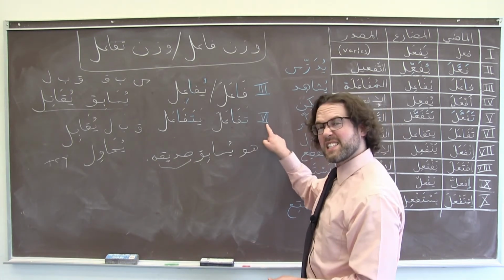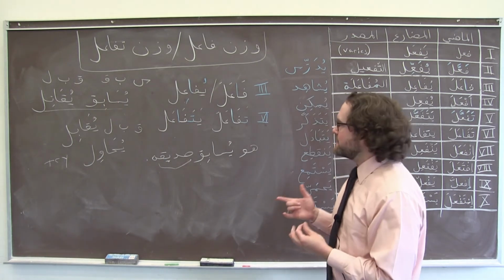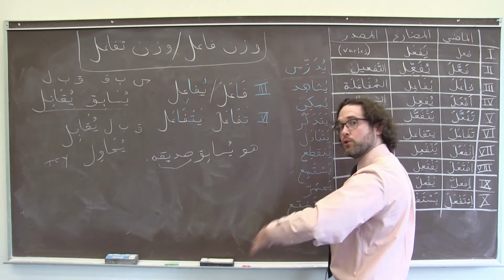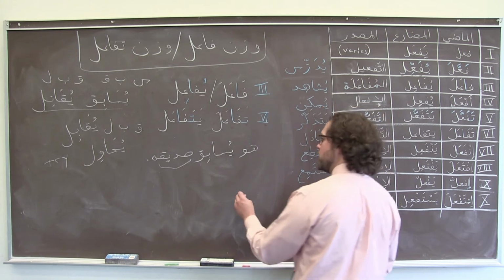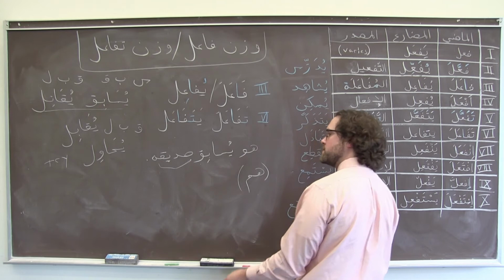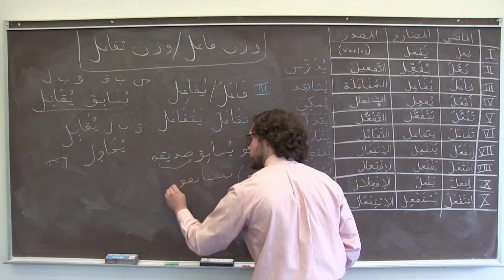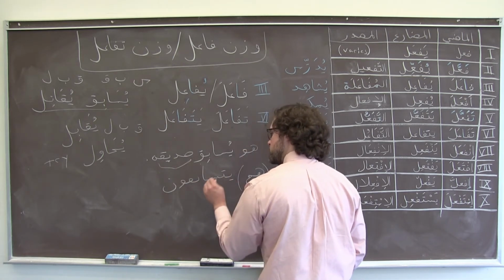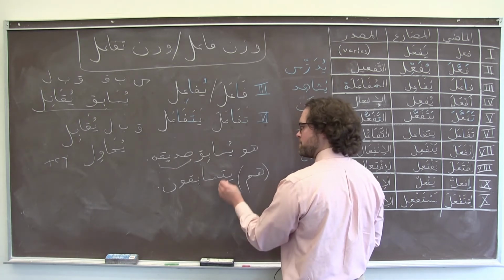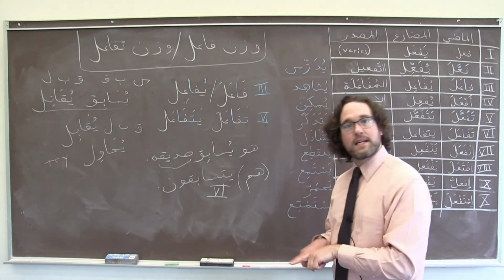But in Form 6, specifically, Form 6 enables me to say in one word, they race each other. If I were talking about a group of people, all of whom were racing together, I could say هم, could take or leave the pronoun. يتسابقون. And I know from the fact that it's Form 6 that they are racing each other.